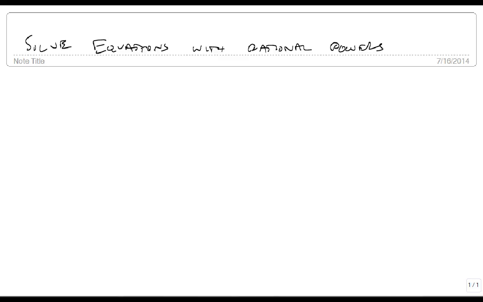We are now going to solve equations with rational exponents. And there's a really big rule that you need to make sure you understand. If we let u to the m over n power equal k, then this implies that u equals k to the n over m power, but only if m is odd.